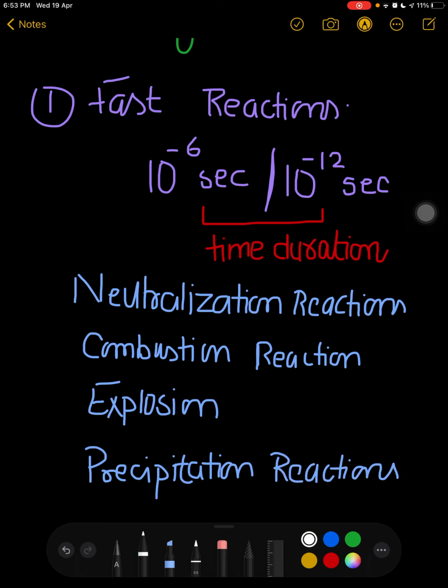Basically we can say all the ionic reactions come in this category.